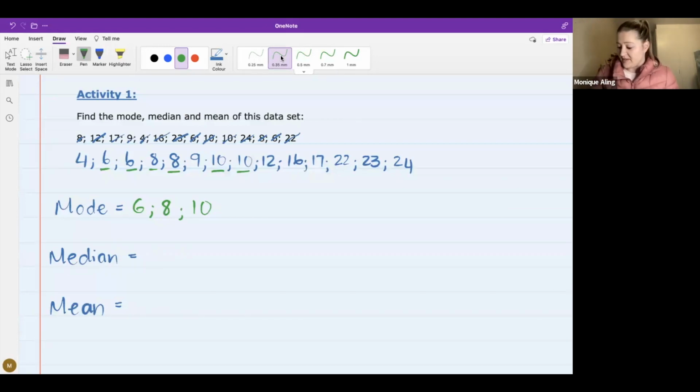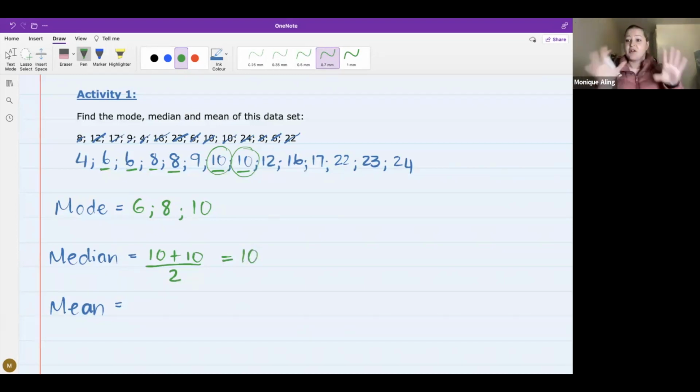So our two middle numbers are 10 and 10. There are two numbers in the middle. So normally when there are two numbers in the middle, we add them together and we divide by 2. Now it's the same number, so the answer is going to be 10, but it's not always going to be like that. So we always use the same method. We don't forget that we add the 2 in the middle and then we divide by 2.